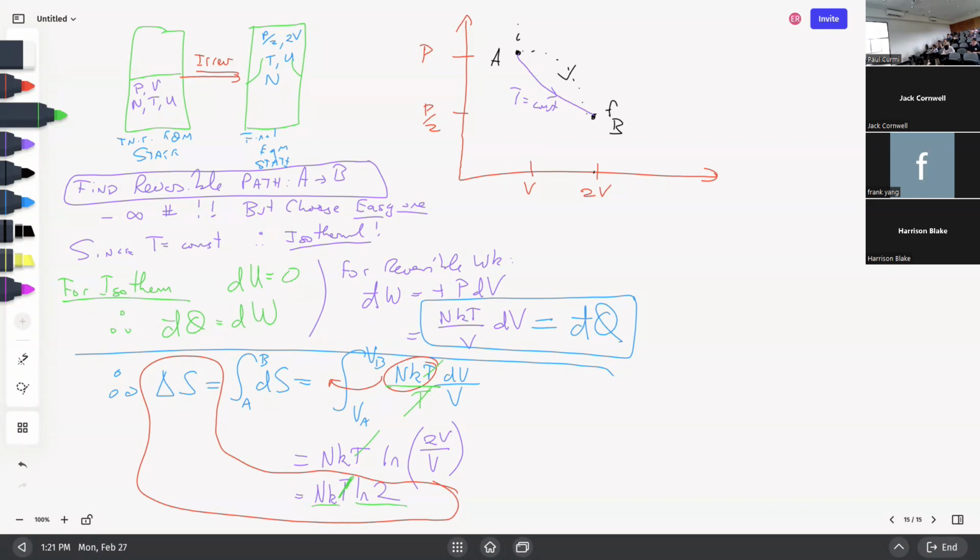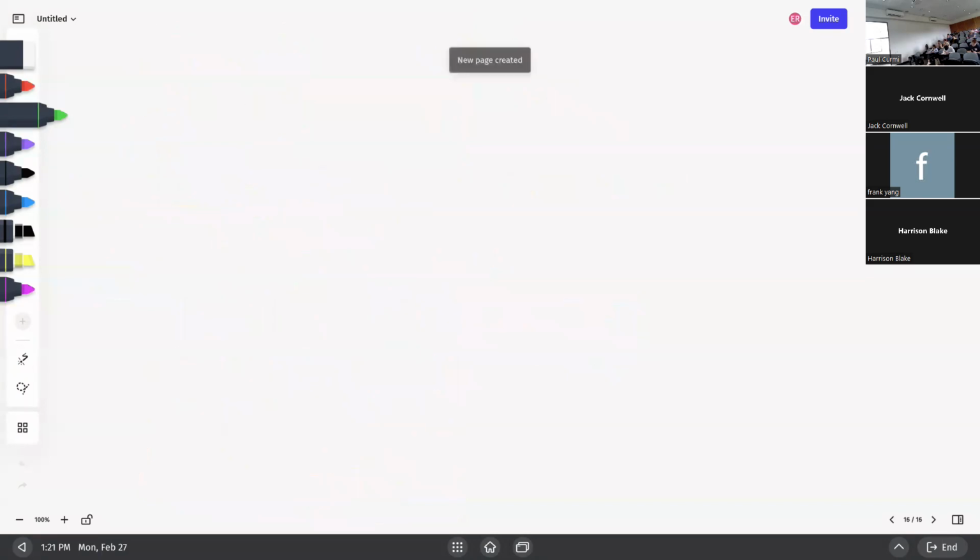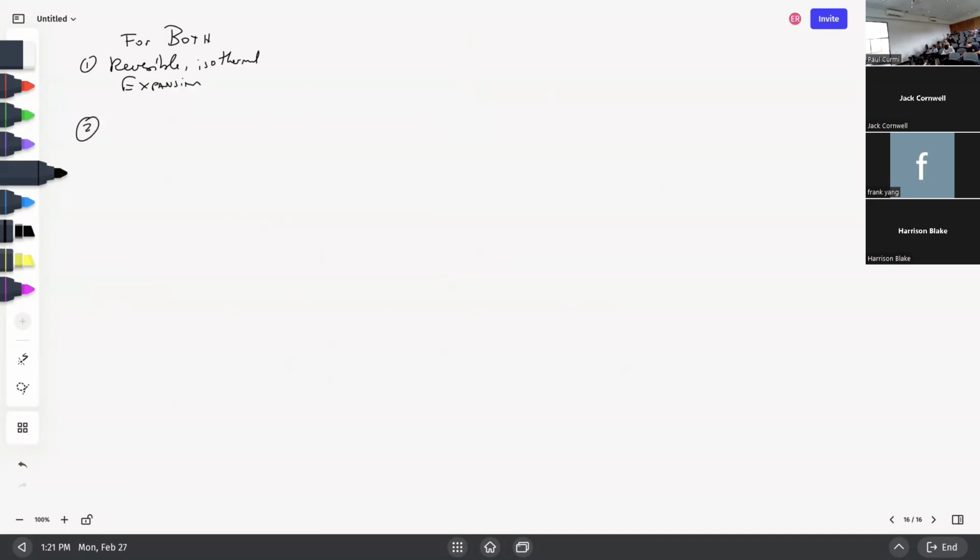So, this is really weird. It's saying for both: one is the reversible isothermal expansion, and two, the irreversible free expansion.